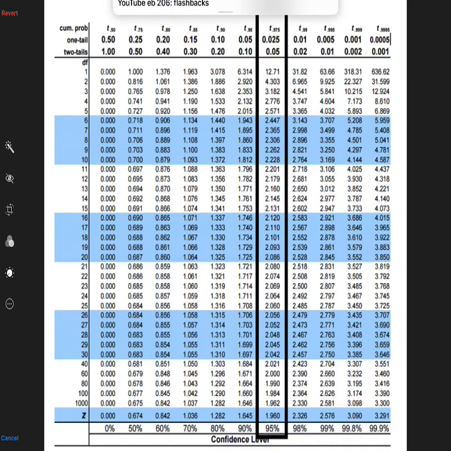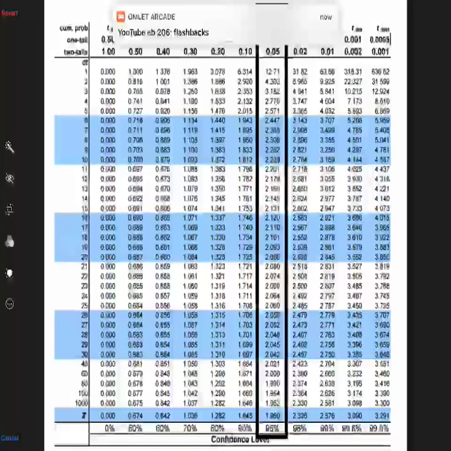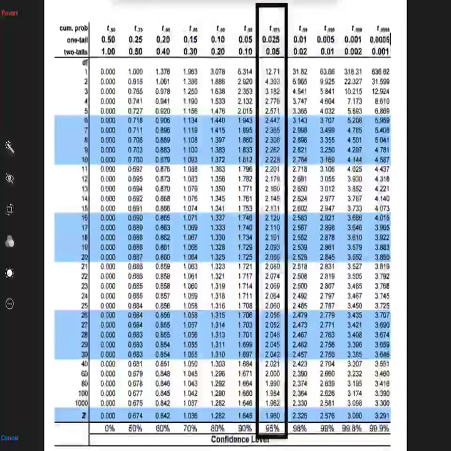Now, this particular t-table is quite nice because at the bottom it has the confidence level. So very often you will find that we are working with a 95% confidence level. So this is this column here. Yeah, 95% confidence level.